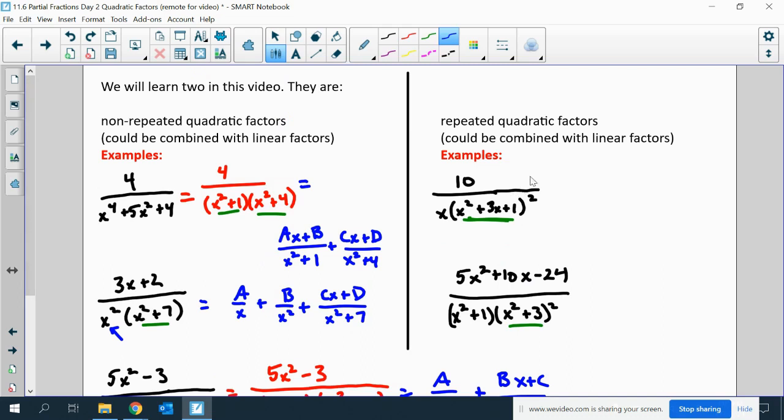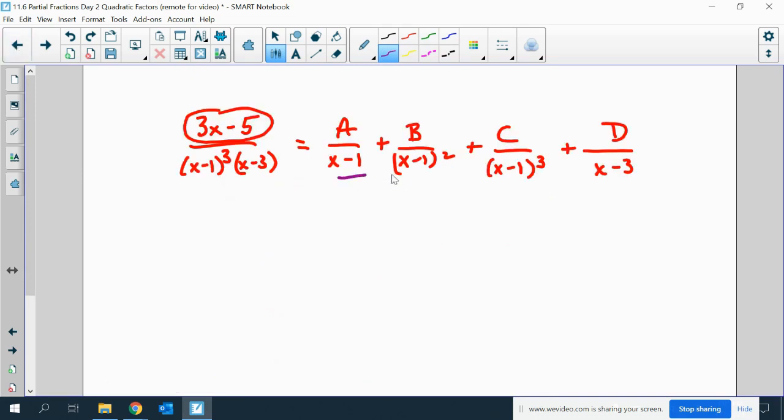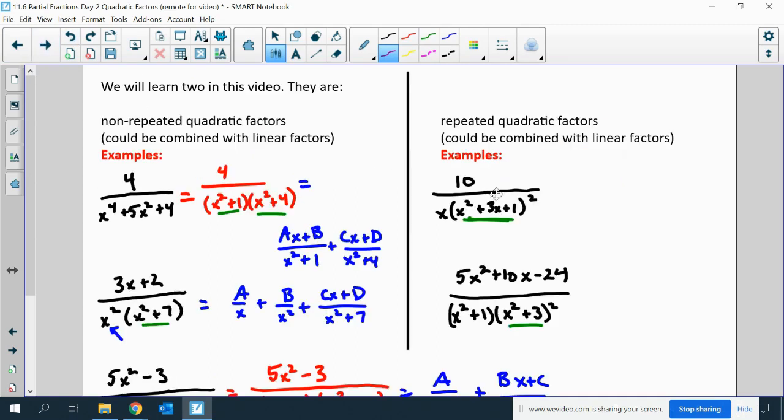Now, if I have a repeated quadratic factor, that's going to end up looking identical to what we did when we had repeated linears. If I repeat something, I just have to repeat it more than once. So here I have one linear term, so I have A over x. Then I have this quadratic term, but it has to show up twice.